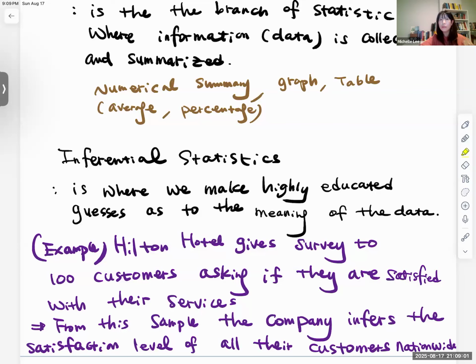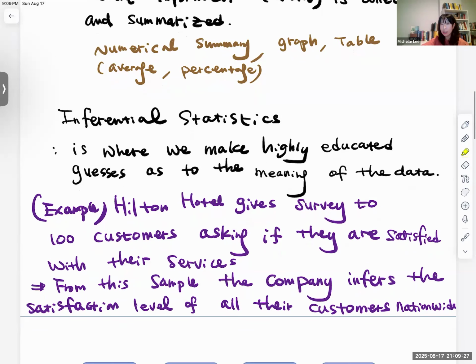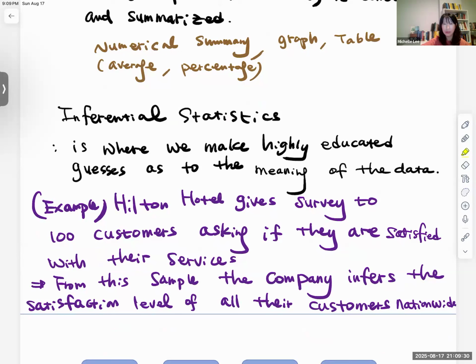Okay. Now, inferential statistics. Inferential statistics is where we make highly educated guesses as to the meaning of the data. What does this mean? I wrote down an example. Let's take a look. Hilton Hotel gives a survey to 100 customers asking if they are satisfied with their services. We have not gotten into the sample definition yet, so we're going to do that later.